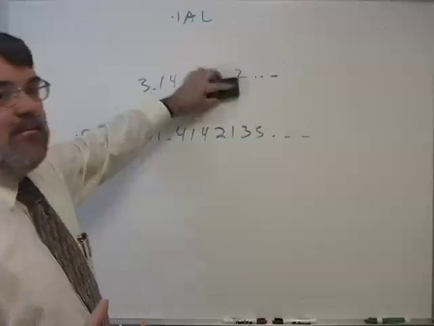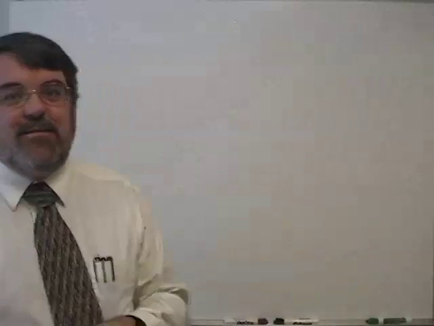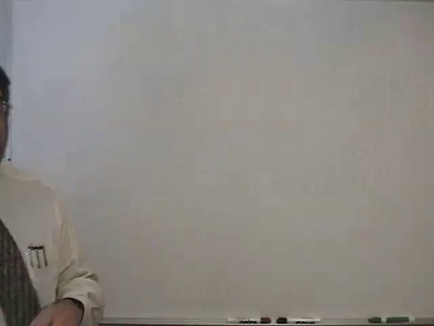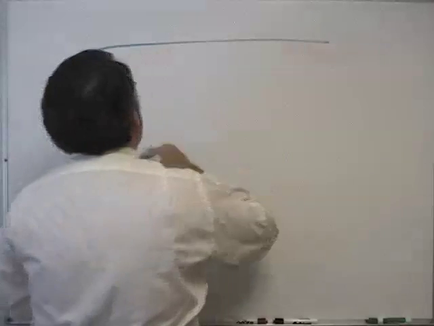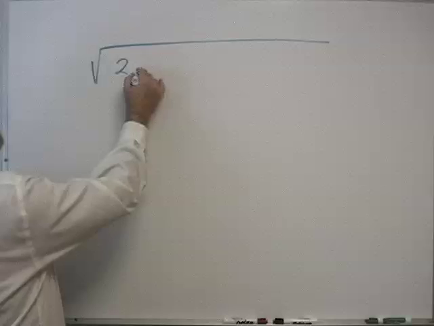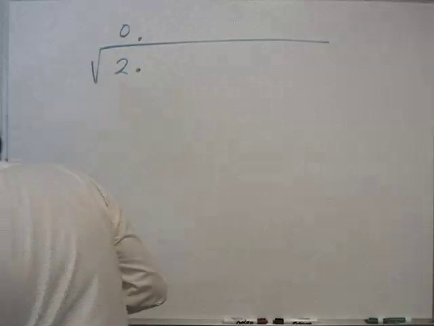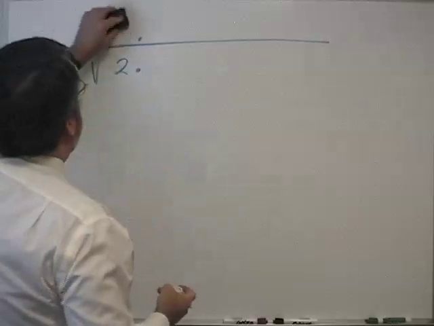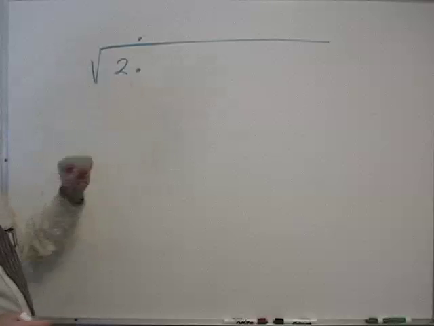But here's what I learned, in case you've always wondered how one can calculate a square root. So, the square root of 2. I'll only go to a couple places and you'll get the idea. So there's 2, and I'm going to put my decimal up there. All right, what perfect square divides into 2?